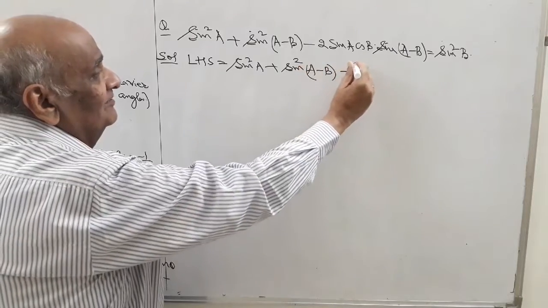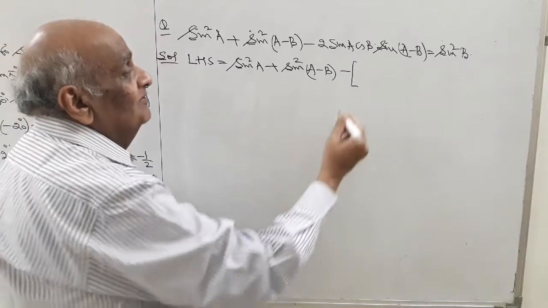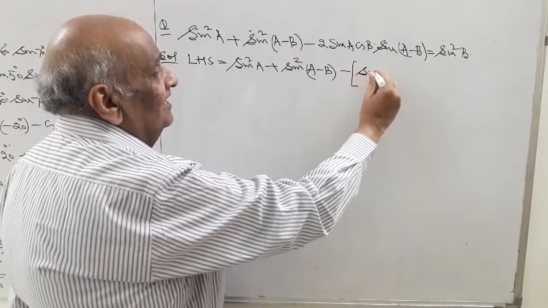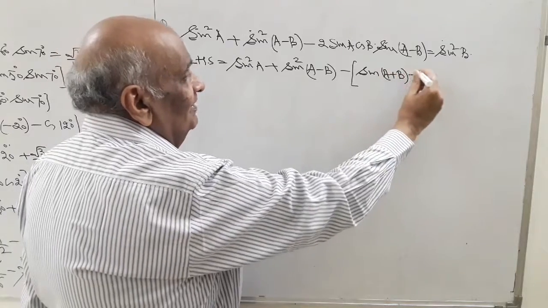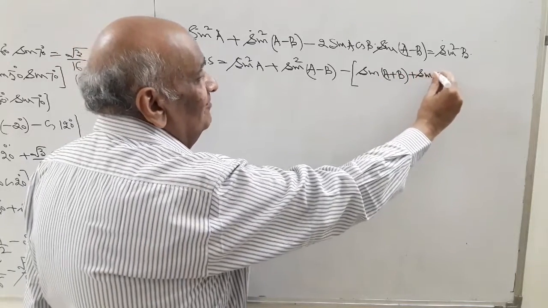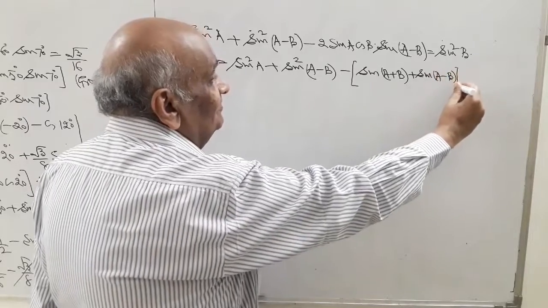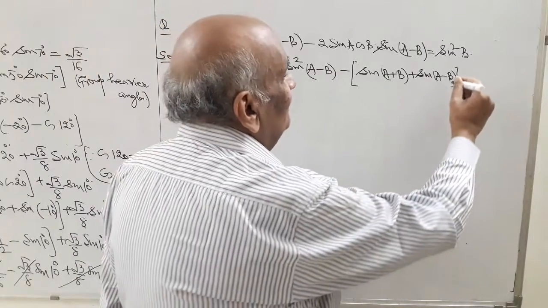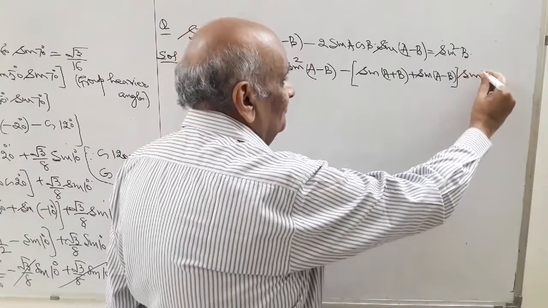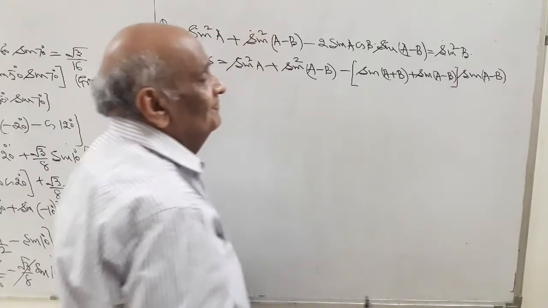Then we have minus, see here, 2 sin A cos B becomes sine of A plus B plus sine of A minus B. The first AB formula. Then we have sine A minus B. AB, the first formula.